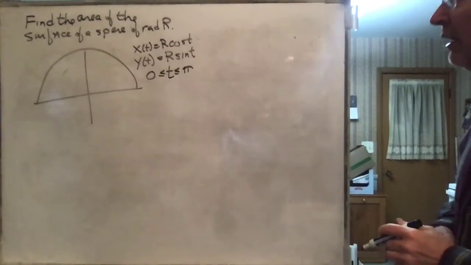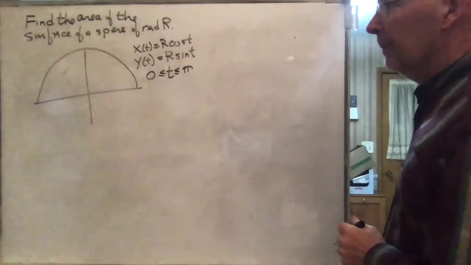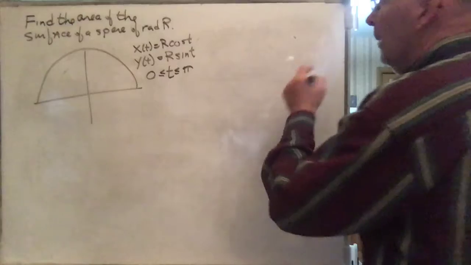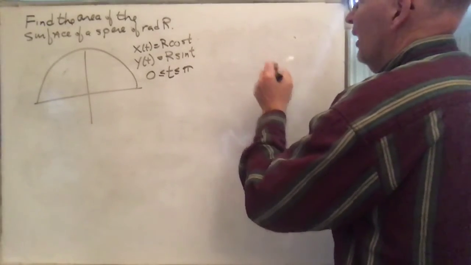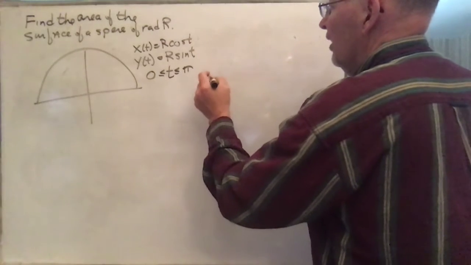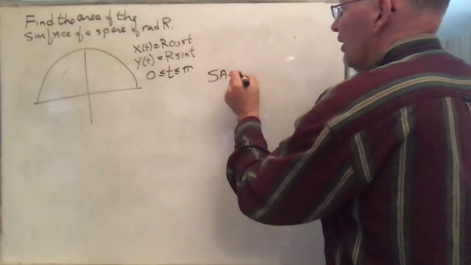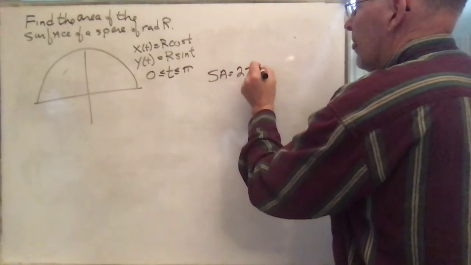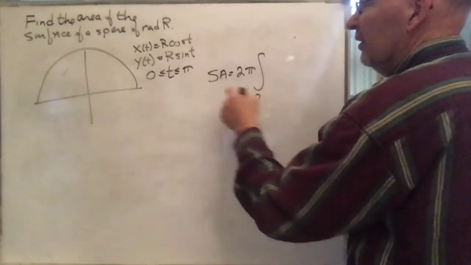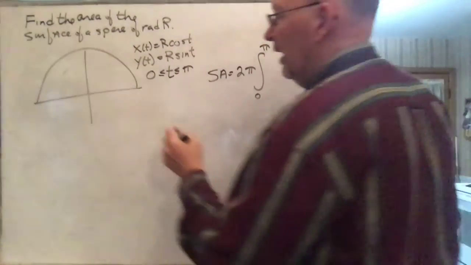Now we also need the formula for the surface area. And I'm going to leave this to you. We've done all the pieces, so I'll let you verify this, that the surface area is going to be 2 pi times the integral from 0 to pi. Now, what do we want?